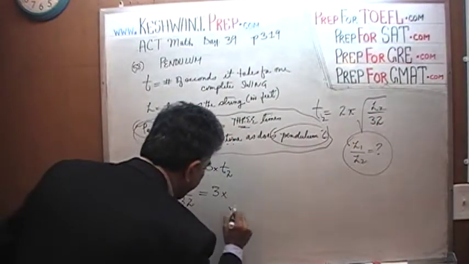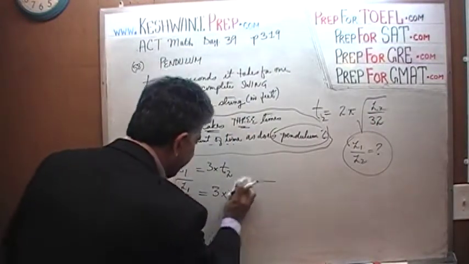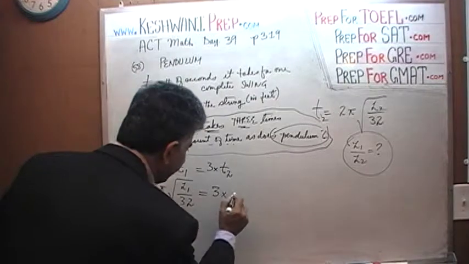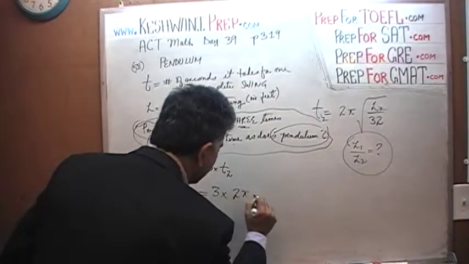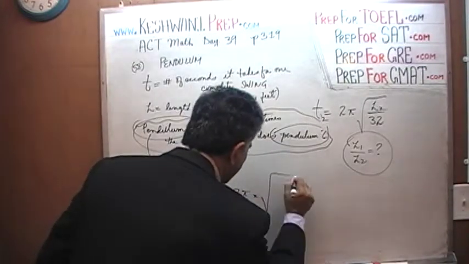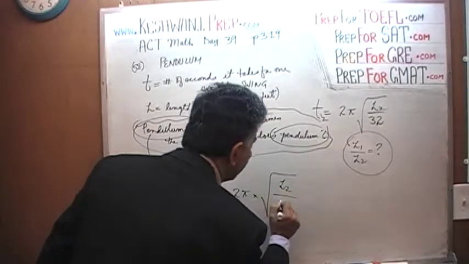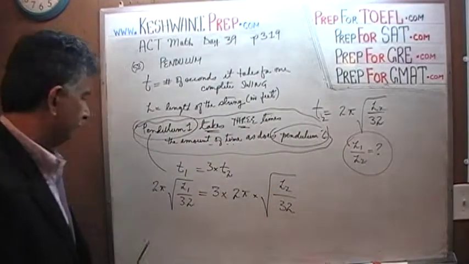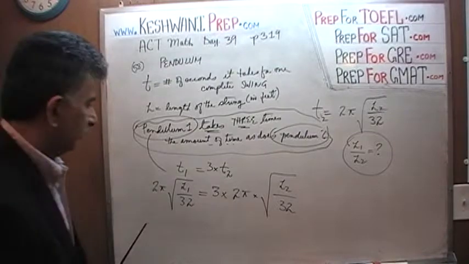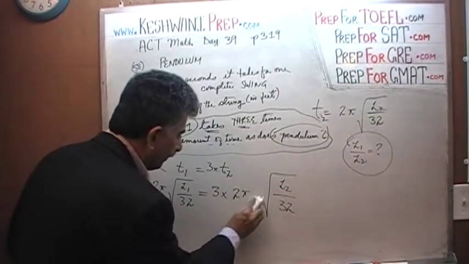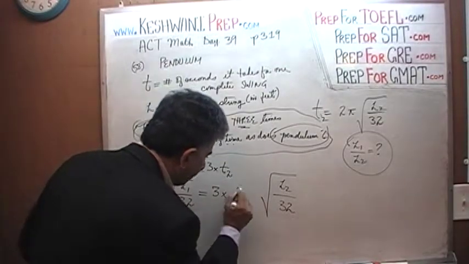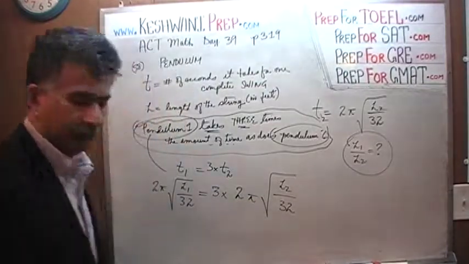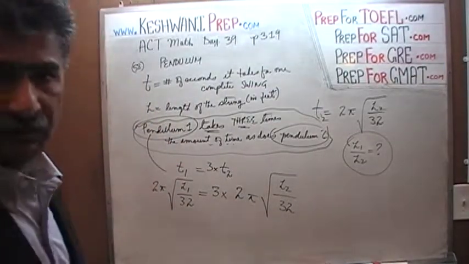So again, it's 3 times 2 pi times the square root of L2 over 32. That's all. If you don't want the multiplication sign, you don't have to. It's the same thing. We just have to simplify it.